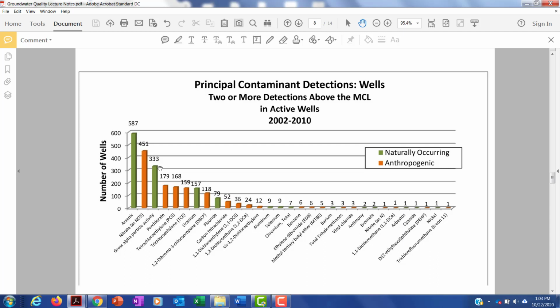The third most common contaminant is what's called gross alpha particle activity. That's radioactivity, literally. And that surprises folks, but the Sierra Nevada are made mostly of granitic rock. And that granitic rock has a lot of radioactive elements in it.